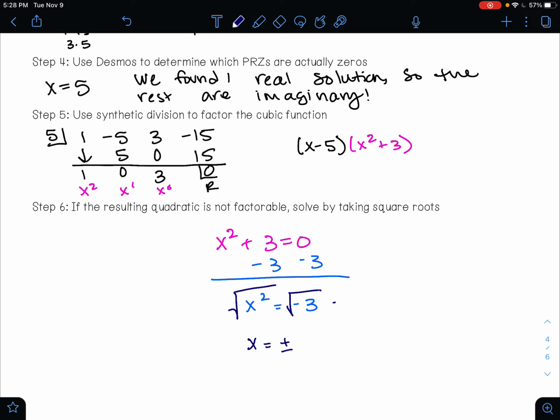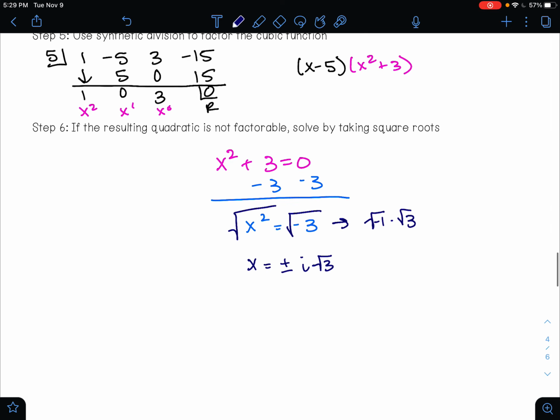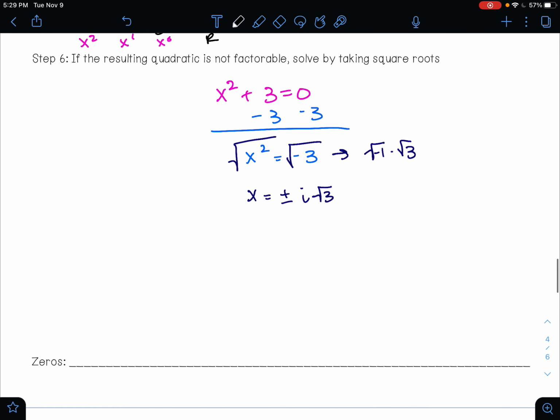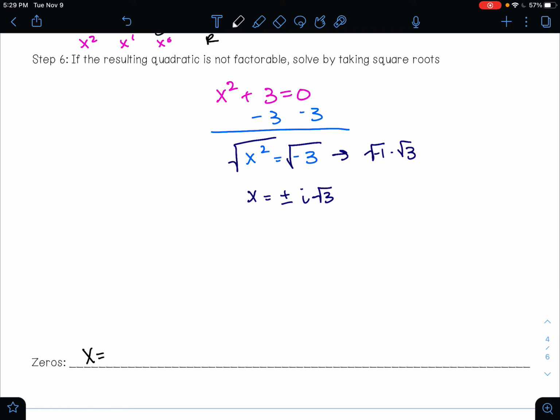I can break that up into the square root of -1 times the square root of 3. The square root of -1 is i, and then I cannot reduce the square root of 3. Now I have all 3 of my solutions. The first solution was 5 from my graphing calculator, so from Desmos. And then I got positive i square root of 3 and negative i square root of 3. Those are my 3 solutions.